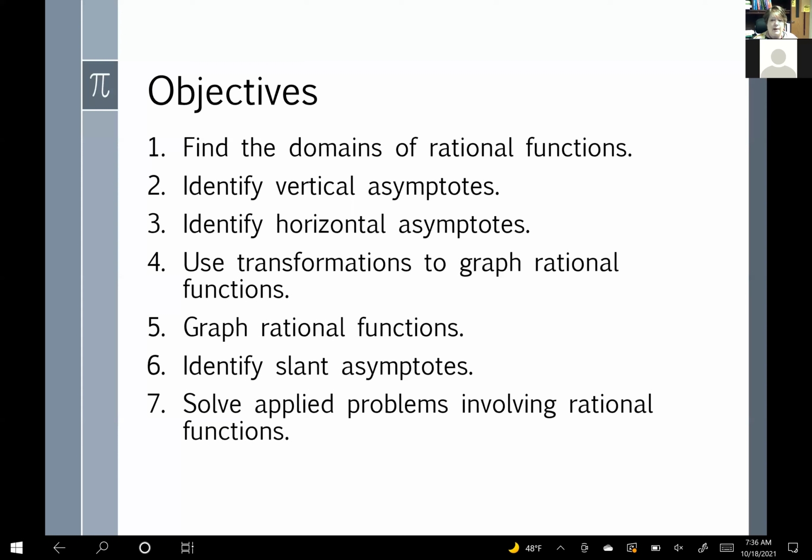And then we'll talk about transformations, just like in chapter 2, where you could take one of those standard 7 functions and transform it by moving it in the coordinate plane, reflecting it about the x-axis, and stretching or shrinking it. You can do the same thing to a rational function. And then we'll graph one, and then we'll talk about slant asymptotes.